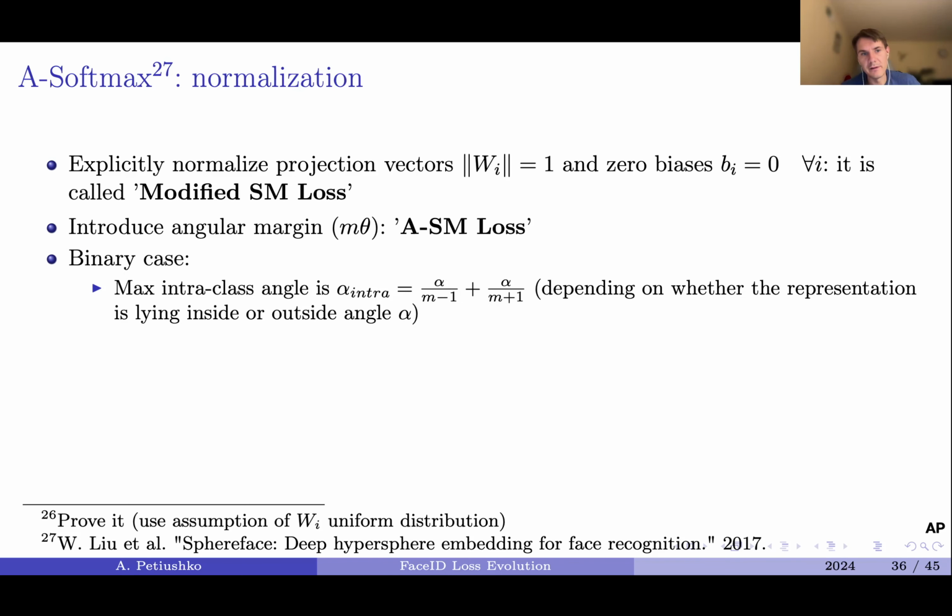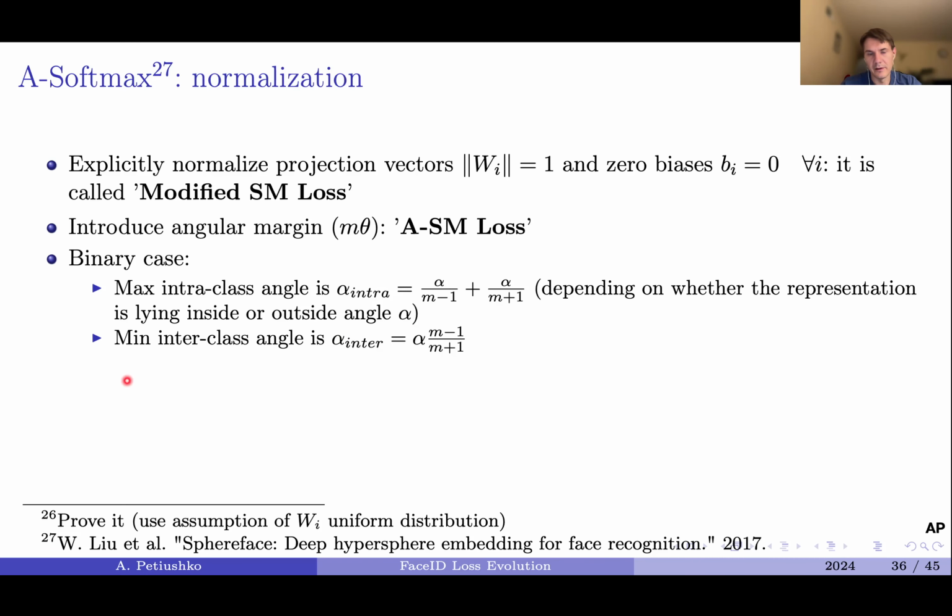For the binary case, the maximum intra-class angle can be calculated as alpha over (m minus 1) plus alpha over (m plus 1). I would leave it to you as a small exercise. The hint: it depends on whether the representation is lying inside or outside the angle alpha.